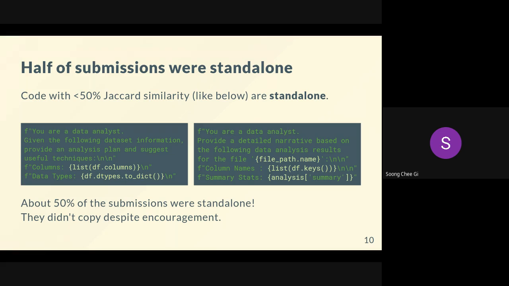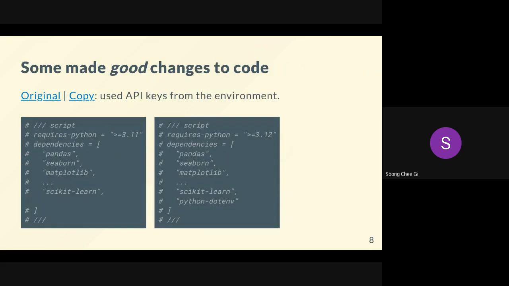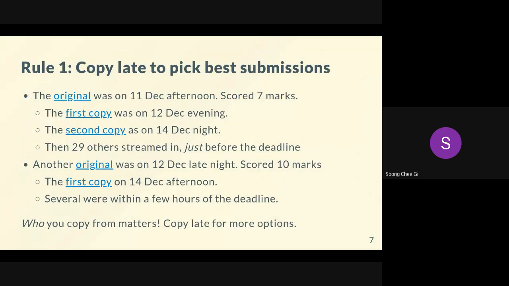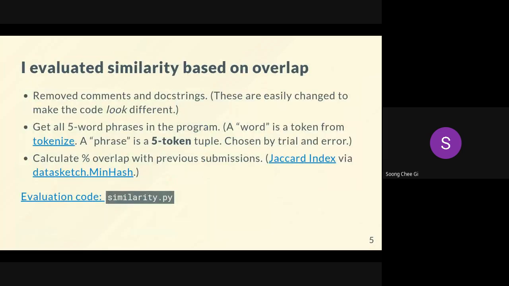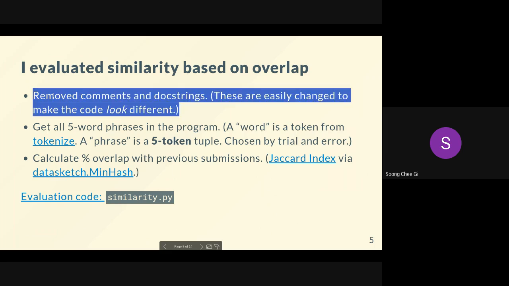For the benefit of the prof, we could explain a bit about Jaccard similarity. Sure. You will be able to see the code, but this is what I did. I took the code without any of the comments or doc strings, and then tokenized it, meaning converted the Python code into words. If it had an open bracket, open quotes, a function call, all of that gets converted to words.